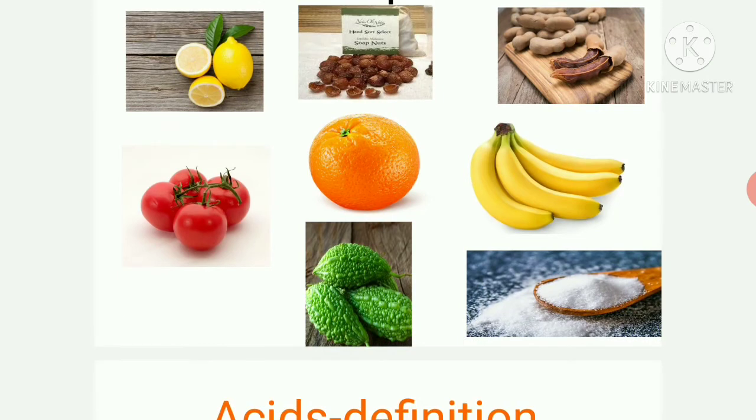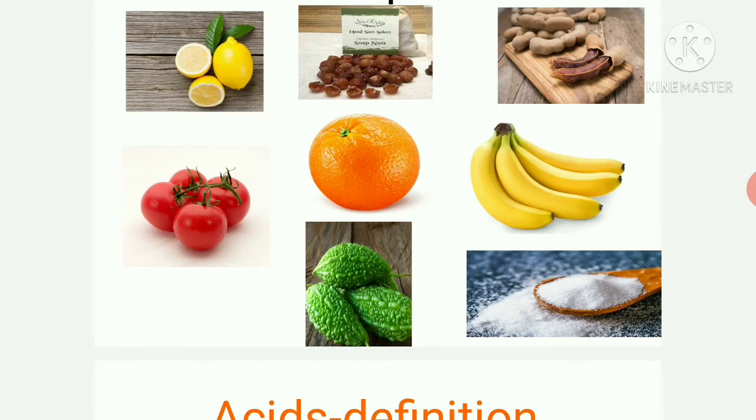Now, children, tell me, what is the taste of tomato? Sour taste. What is the taste of lemon? Sour taste. What is the taste of orange fruit? It is also sour taste.